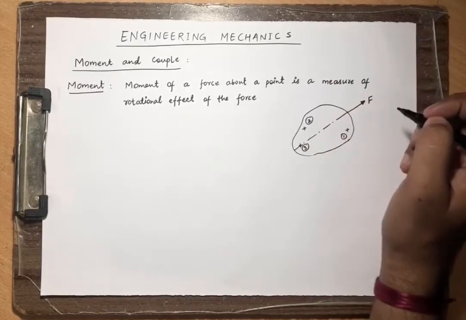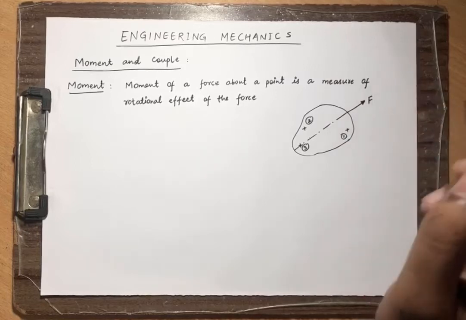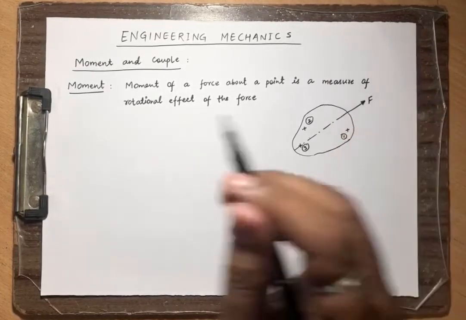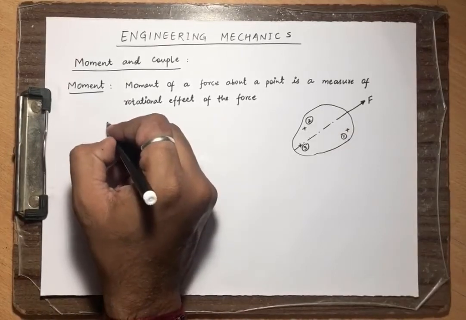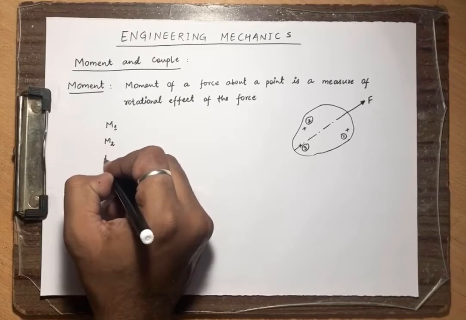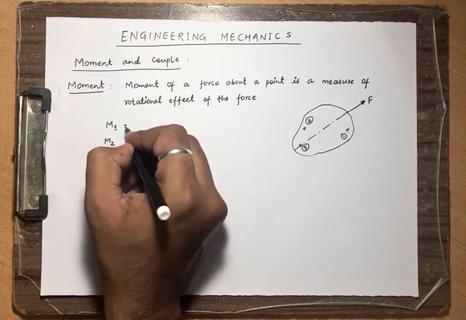So there are 3 points. So if you want to write what this moment, let me write first moment about point 1, moment about point 2, moment about point 3.